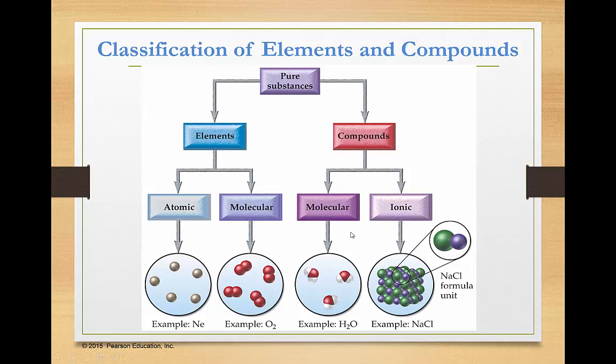Now a compound can be molecular. As we have here, H2O, things are bonded together, but then each molecule can act in freedom. Or we have what is known as an ionic compound, where things are held together by charge, by a very strong difference in charge. And when we have this, we don't really say that we have a molecule, we say that we have a formula unit.